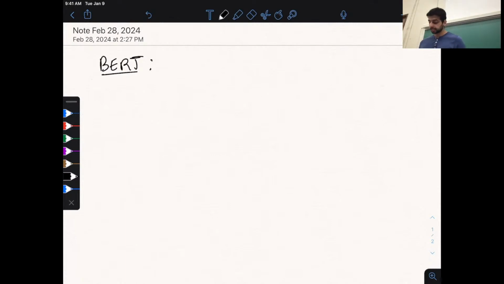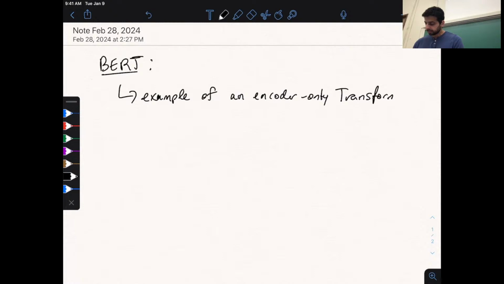All right, so let's get started with our discussion on BERT, which is what we ended the previous class introducing and briefly discussing. So again, BERT is an example of an encoder-only transformer. And when it came out, it was pre-trained on the largest data set anyone had pre-trained a language model or a transformer on.